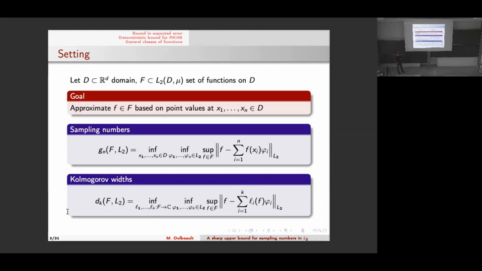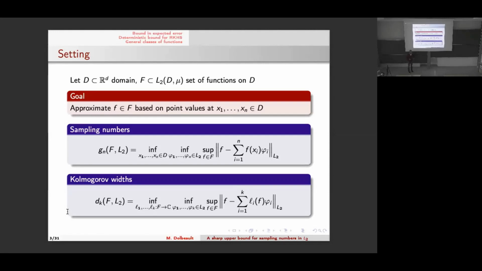And to do so, I will study a quantity which is called sampling numbers, which tells me exactly the best worst-case error. Here, I take the supremum over all f in the function class of my approximation error in L2, when I approximate f by a linear interpolation based on function values f(x_i).